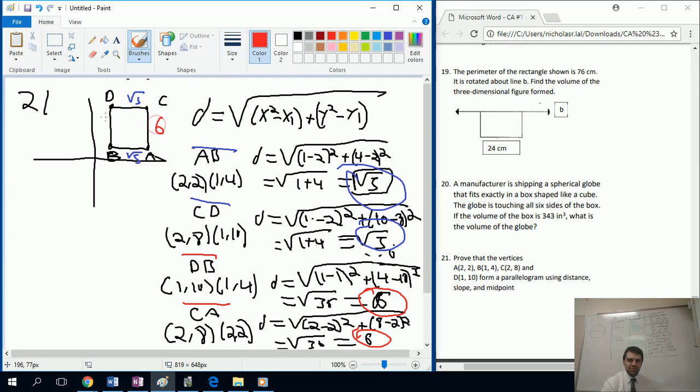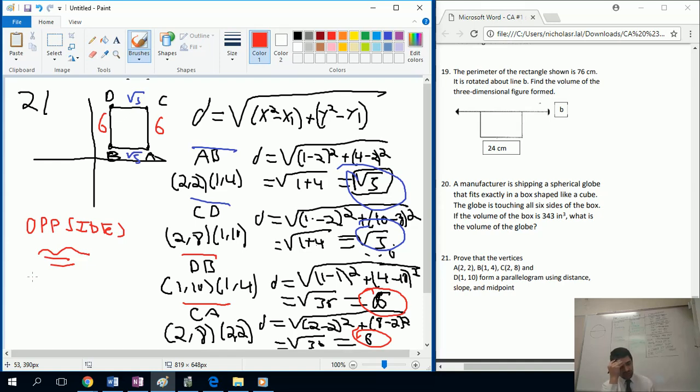So opposite sides are congruent. This proves with the distance formula that these are congruent.